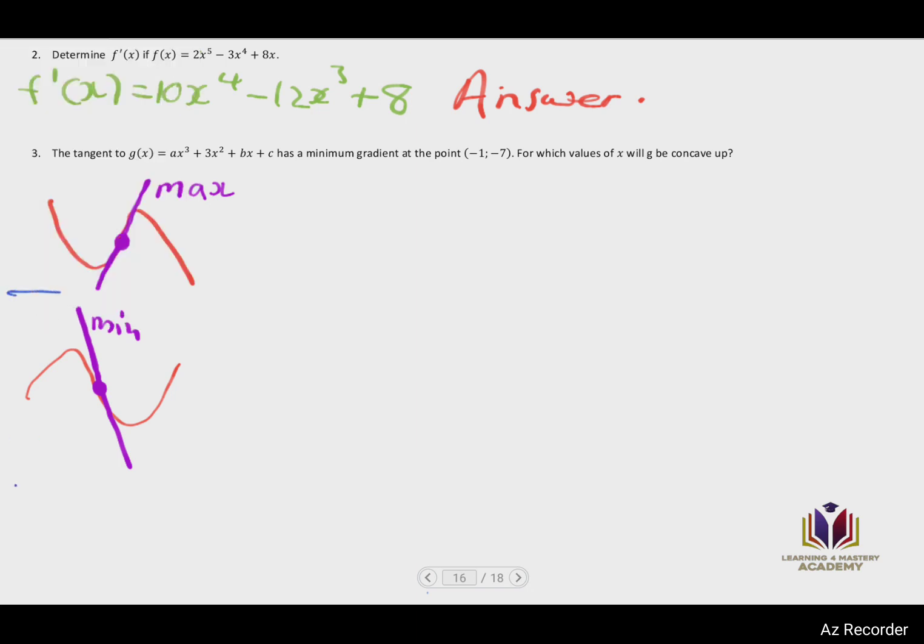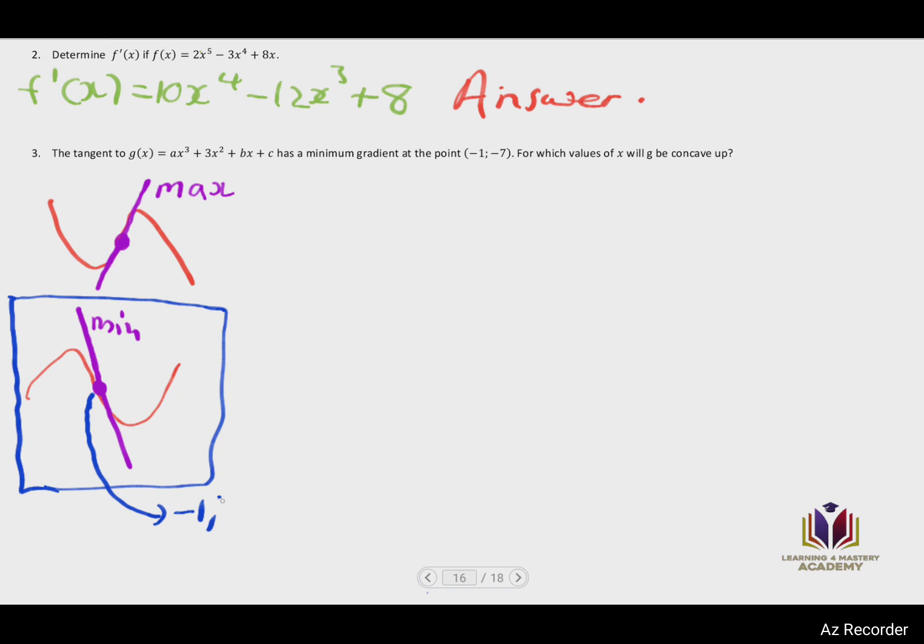Meaning that we are looking at this scenario over here. At which point, though? They said at point -1 and -7, right? Meaning that the point of inflection now is what? -1 and -7. Do you understand?